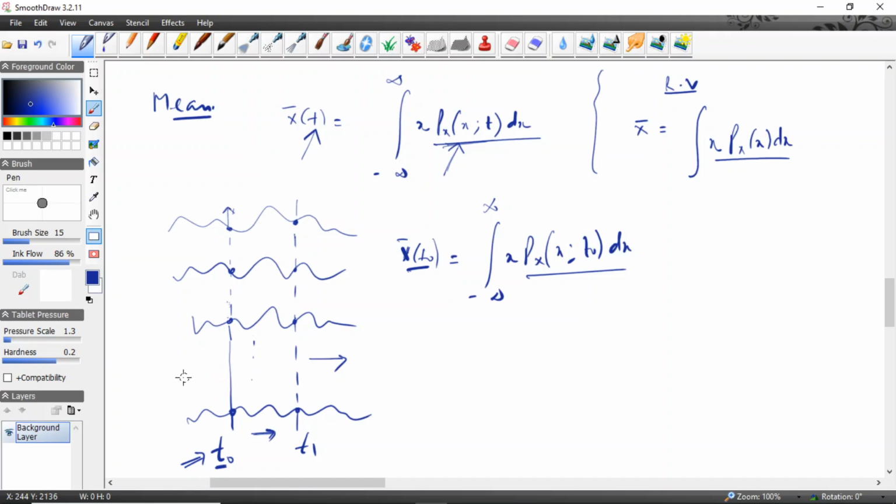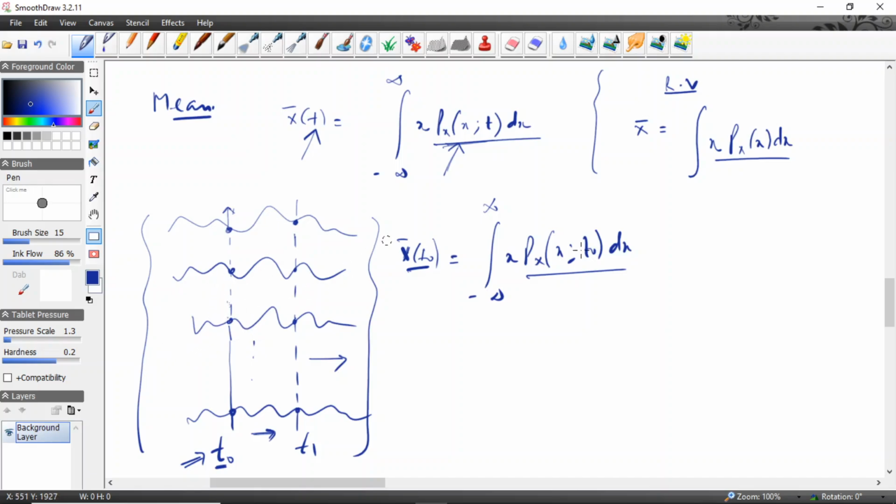Now, suppose I have a finite number of samples in this random process, then definitely these samples will take some finite values. You can plot its PDF for this particular time, then multiply that PDF with the values which the function can take and integrate, and you get its mean value.